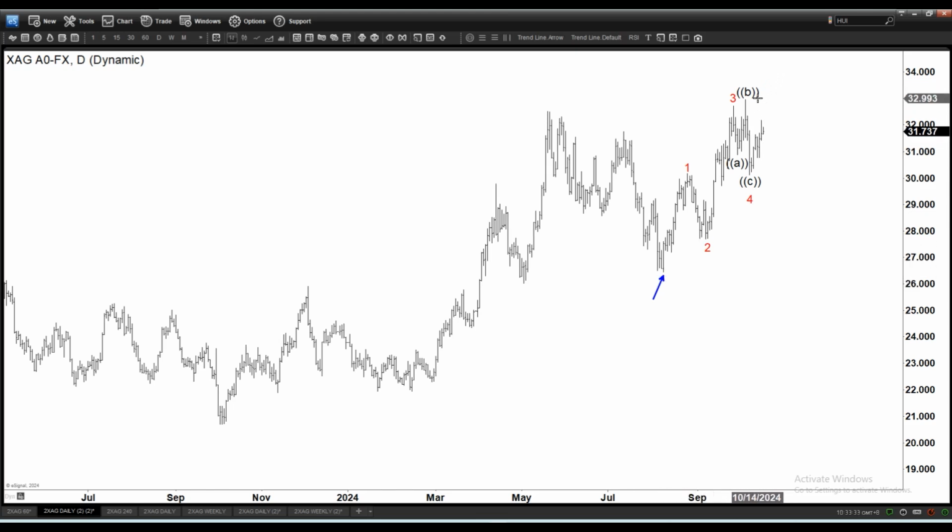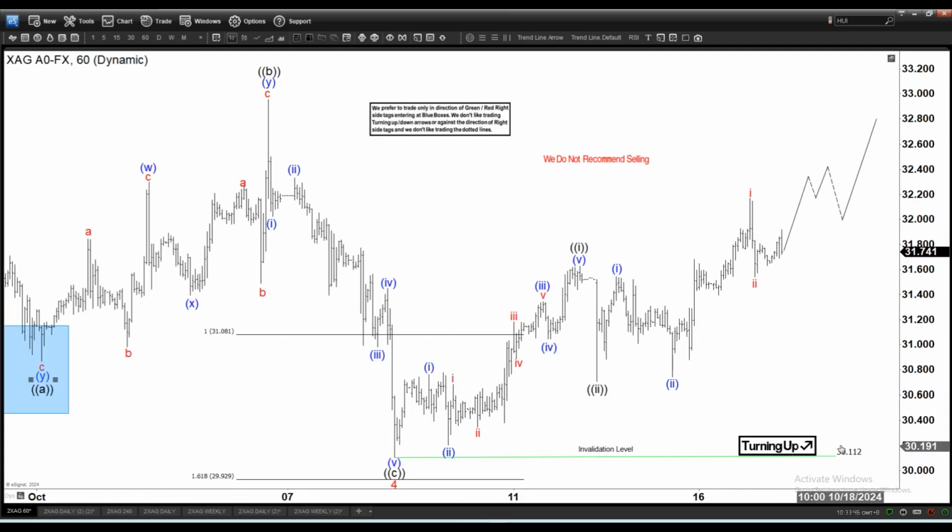So that's why we are favoring the upside, due to the structure looking incomplete. And again, if there is further downside like this, which is the alternate that I was mentioning, if it breaks below $30, I think it's less likely to be honest, but it is always a possibility.